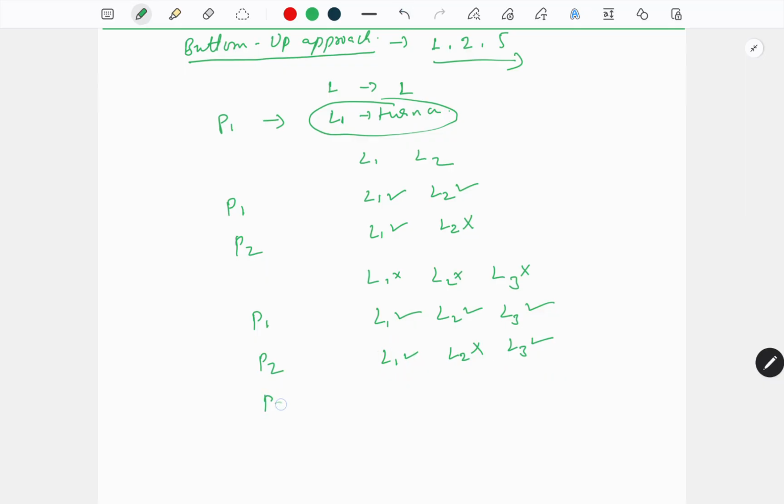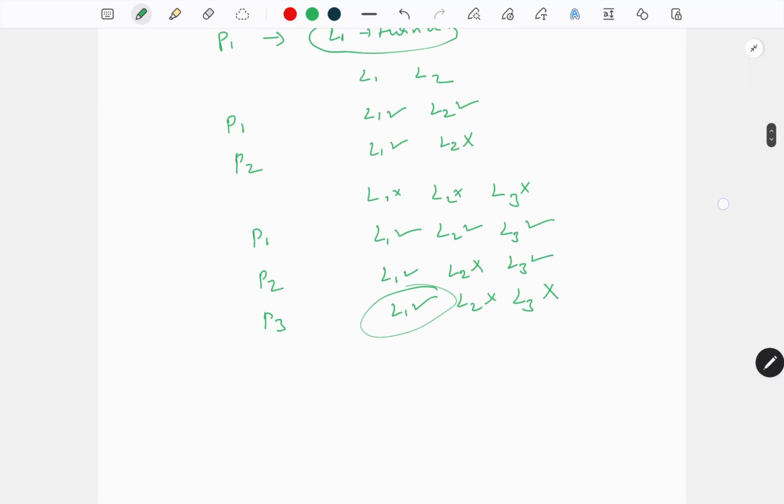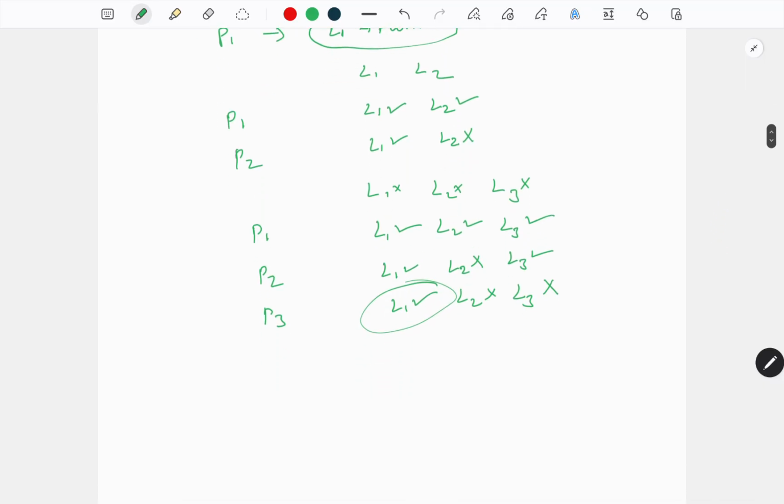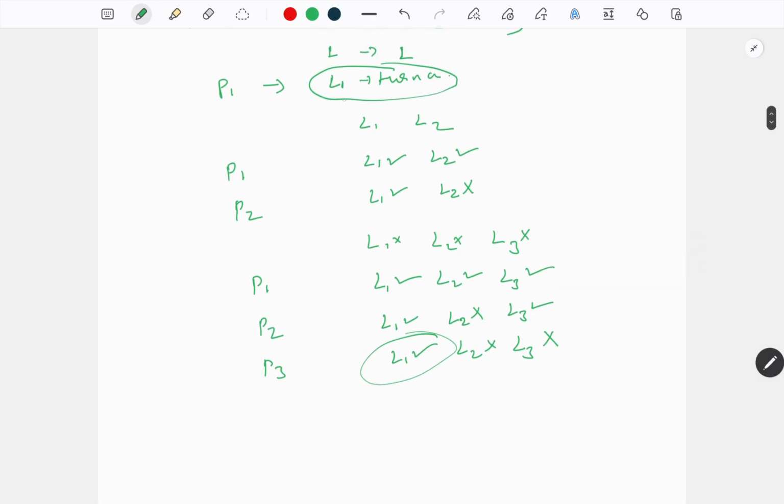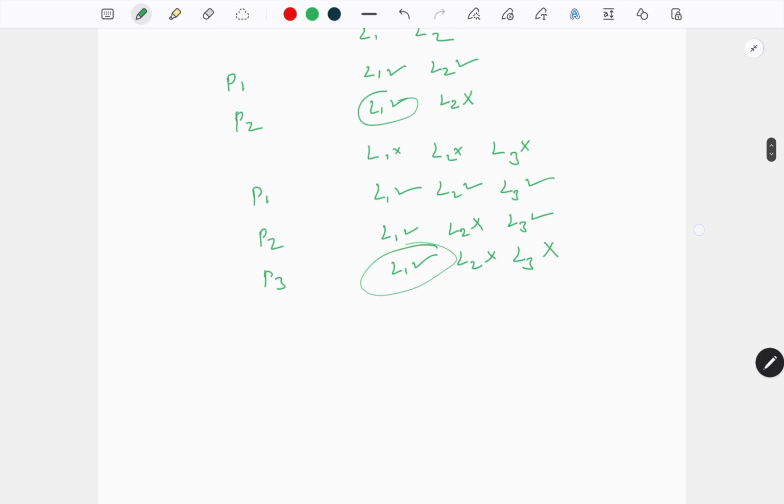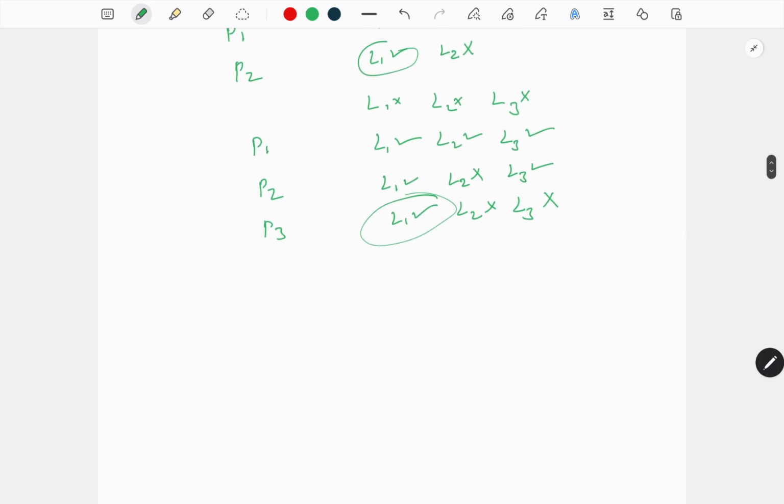Now person 3 comes and turns off L3 as well. So there is one bulb on in the case of P3. Here we might observe that there is always one bulb on, but this is not correct. We have to try some more.